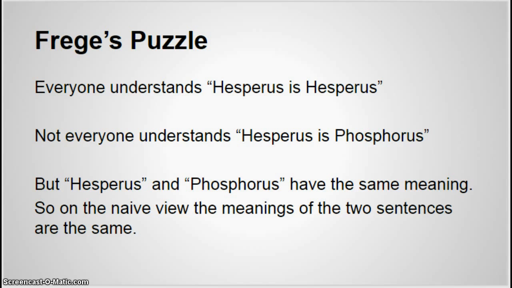No problem there. But not everyone understands "Hesperus is Phosphorus," right? Just think back. The Babylonians didn't understand "Hesperus is Phosphorus." But Hesperus and Phosphorus, the two terms, have the same meaning. So on the naive view, the meanings of the two sentences are the same.